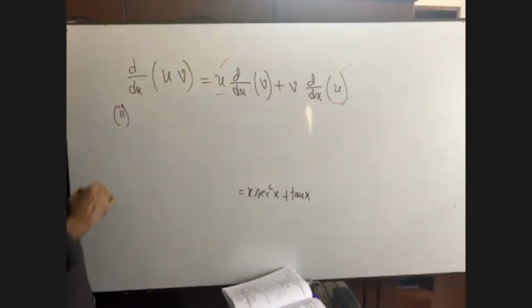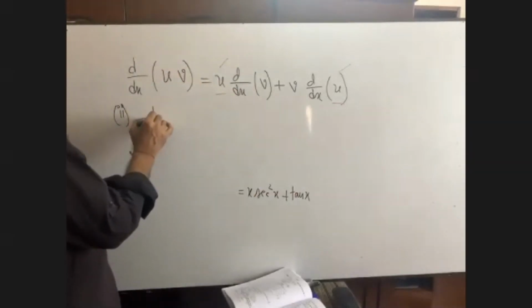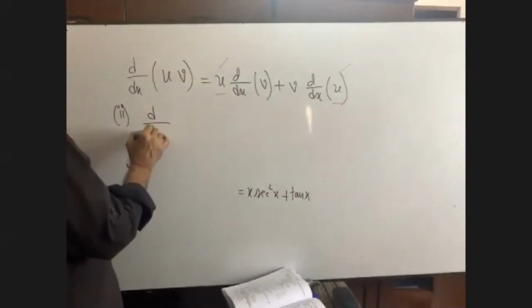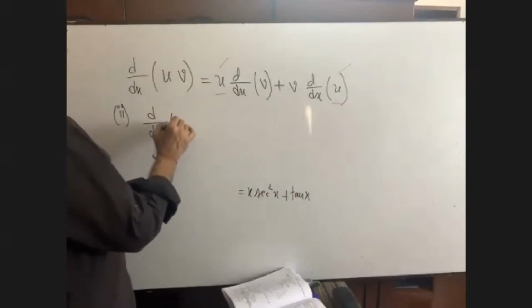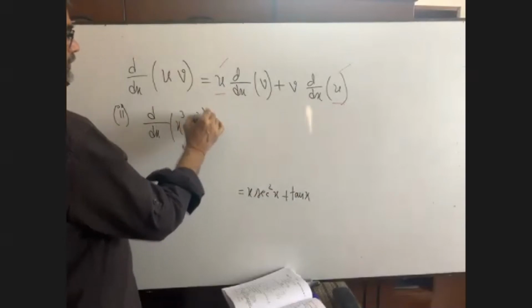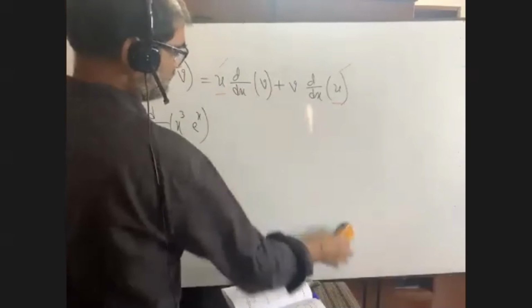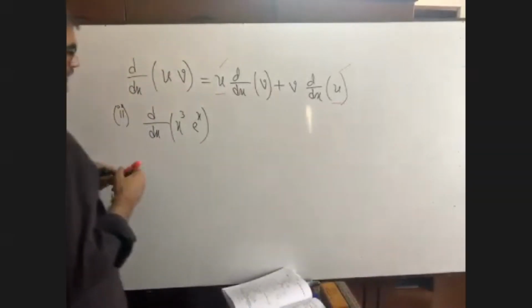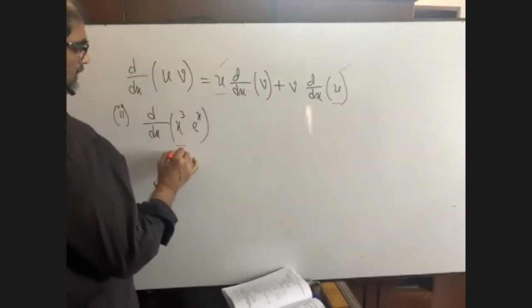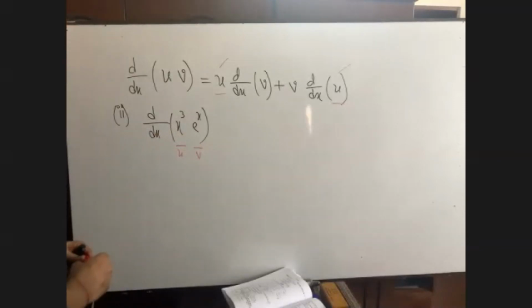Question number 2. d by dx of x cube e to the power x. You can do it by yourself. You consider it as u and v, uv.